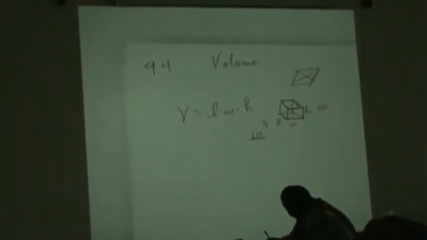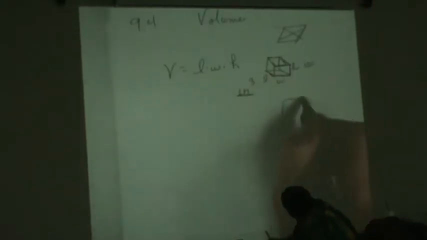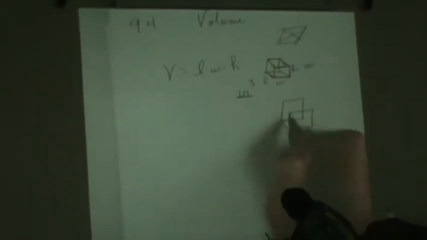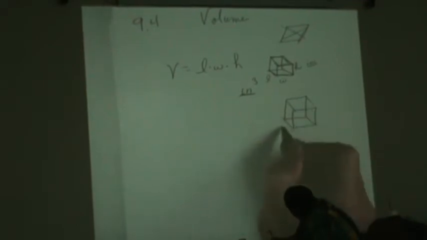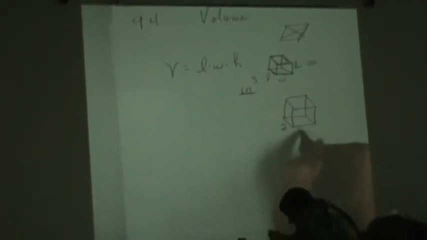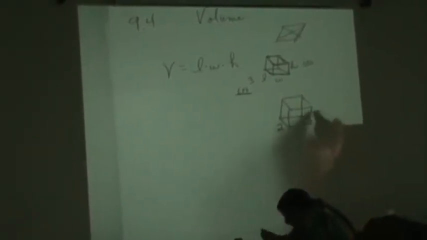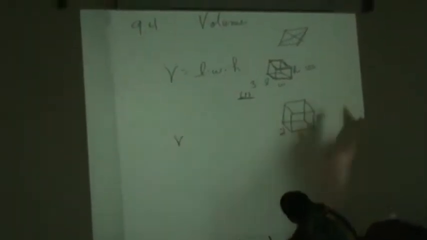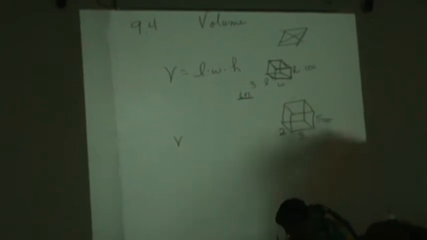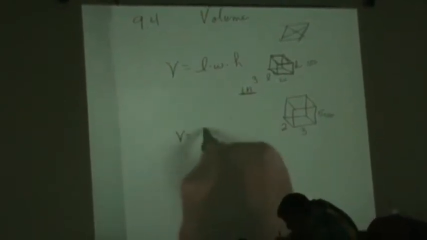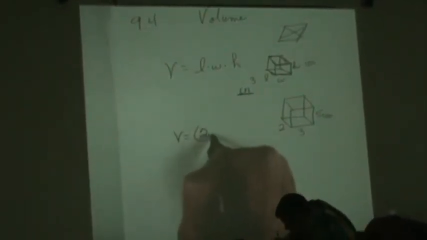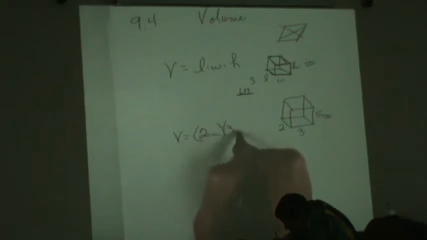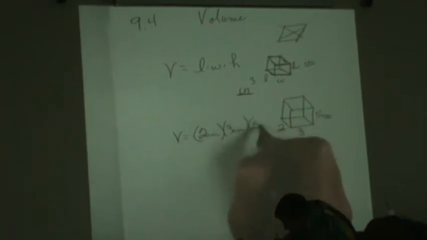Okay? So if you have a cube that is 2 by 3 by 5, let's say that was centimeters, the volume will be 2 centimeters times 3 centimeters times 5 centimeters.